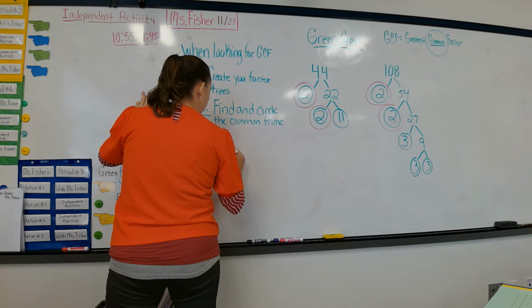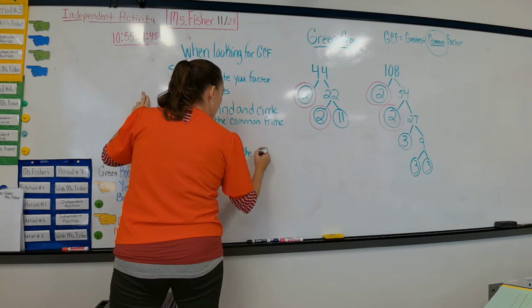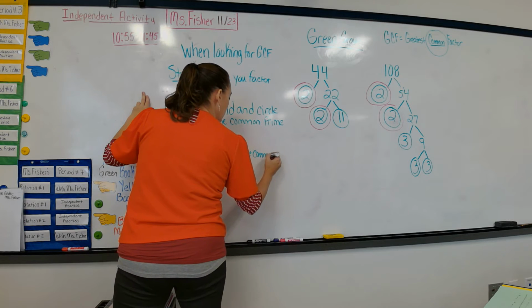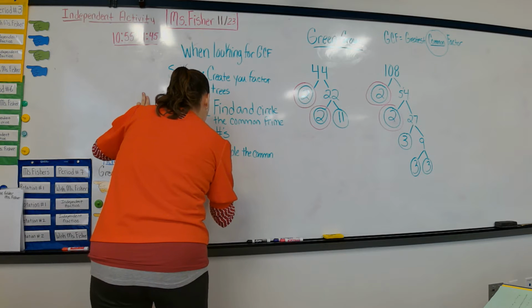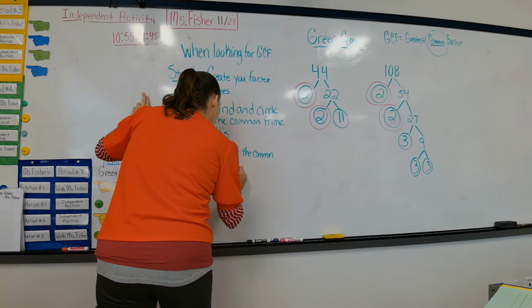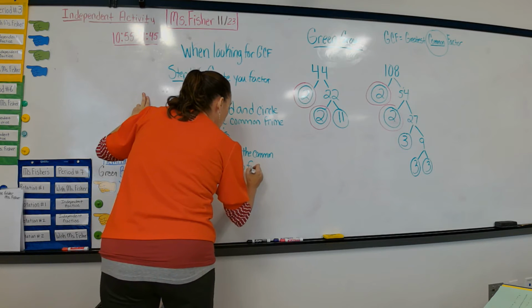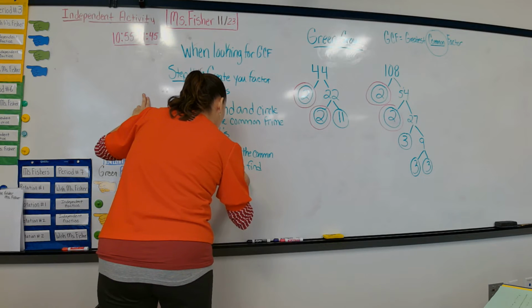Multiply the common prime numbers to find your GCF.